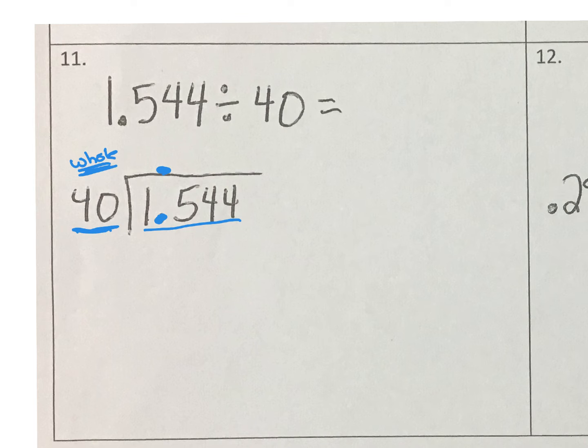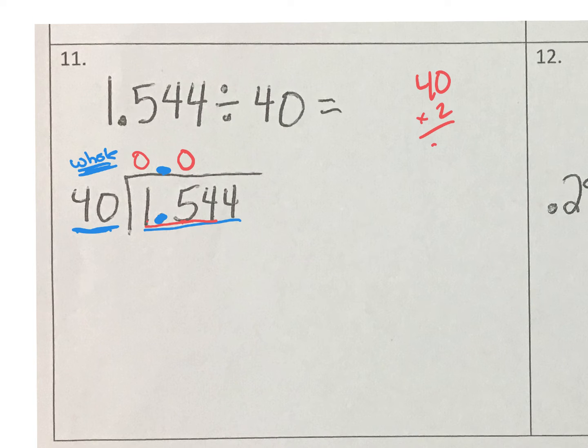How many times does 40 go into 1? Well, it doesn't at all. How about 40 into 15? No. How about 40 into 154? It does. So I come over here, I do 40.